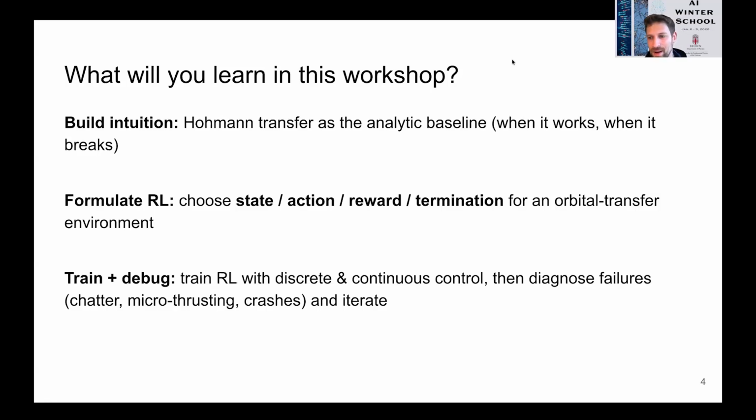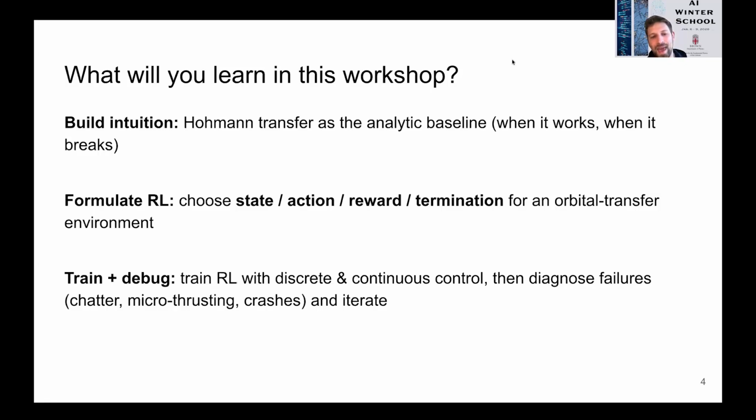Then we're going to play around together on actually training and debugging some of these reinforcement learning agents using different types of control mechanisms. It won't be perfect, but the idea is to go through the process and see how close we can get to the analytical ideal. We'll be able to diagnose some of the failure modes and then iterate.